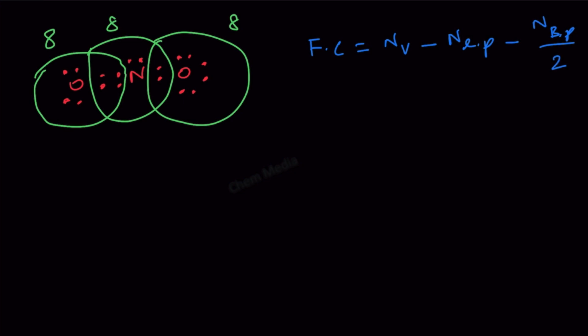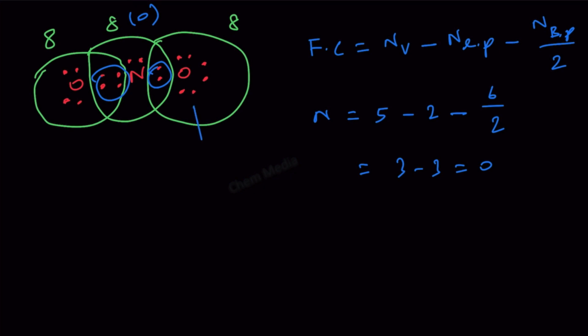Therefore, for nitrogen atom, it is going to be 5 minus, we have one lone pair, therefore 2 electrons, minus we have how many bonds? Now we have 3 bonds for nitrogen, therefore 6 by 2. Therefore, this is 3 minus 3, and that is equal to 0. So, the formal charge for nitrogen is 0.